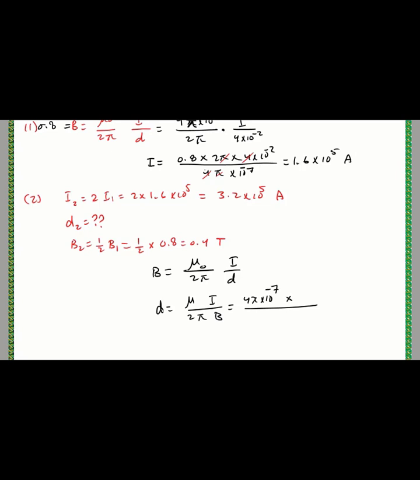The new current, I need d2, so I will use I2 and B2. I2 is 3.2 times 10 to the 5, divided by 2 pi times B2, which is 0.4. The answer will be 0.16 meter or 16 centimeters.